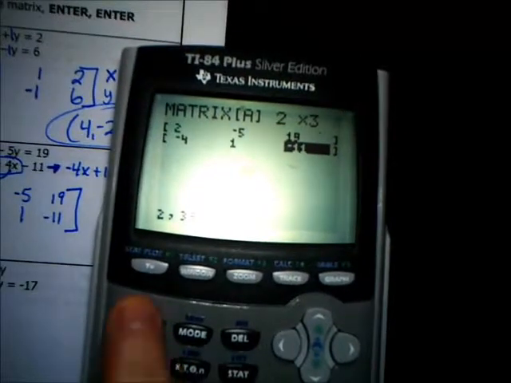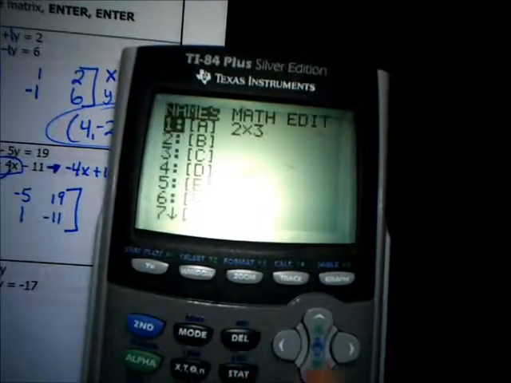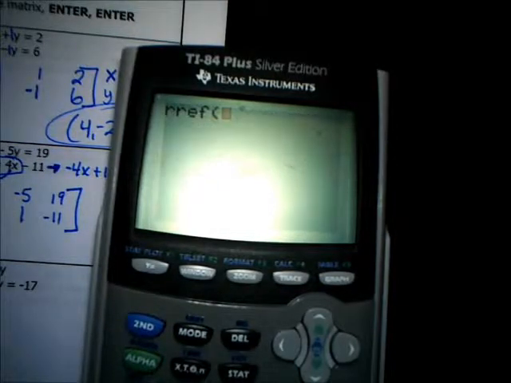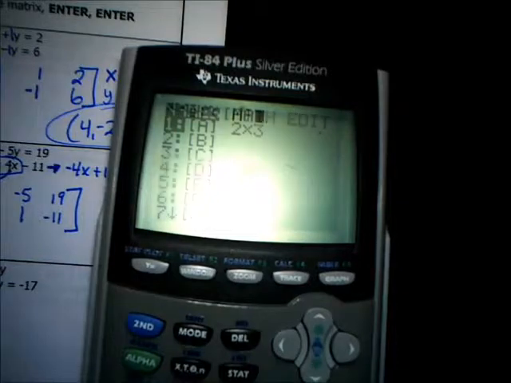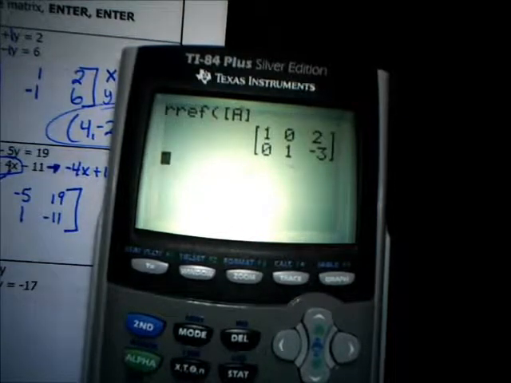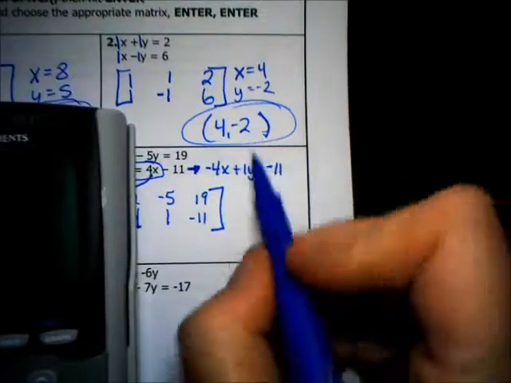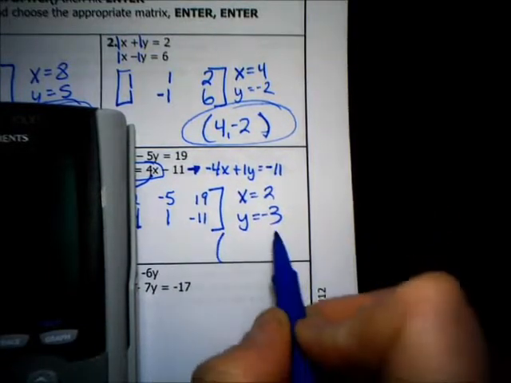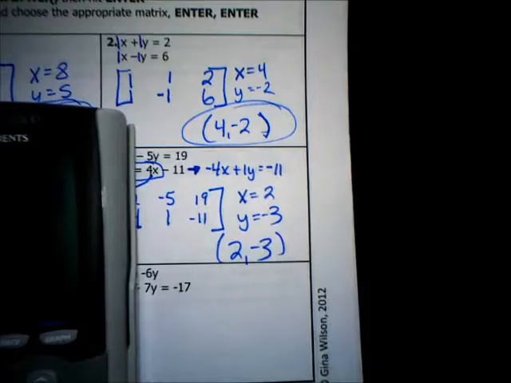Okay. Second mode and second math. Go to option B and then second inverse and enter, and I get my x and my y. x appears to be a 2 and the y appears to be negative 3, so my solution is 2, negative 3.